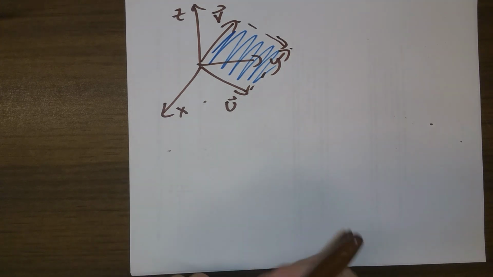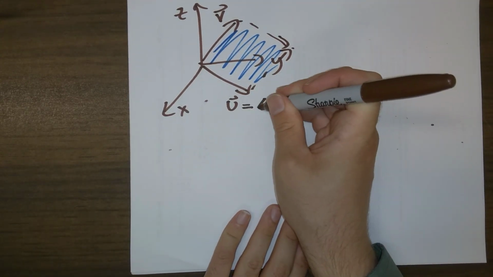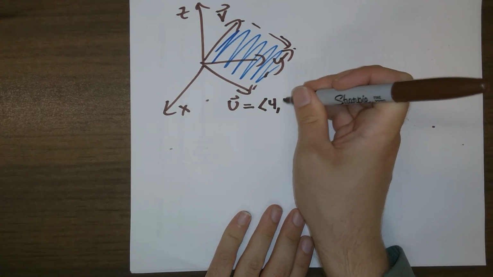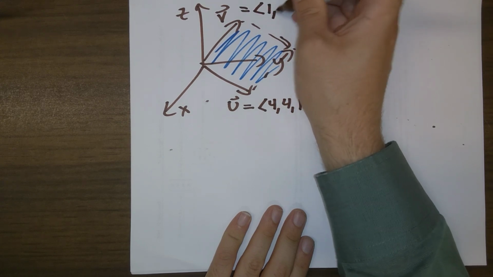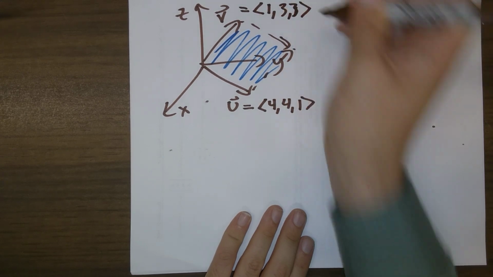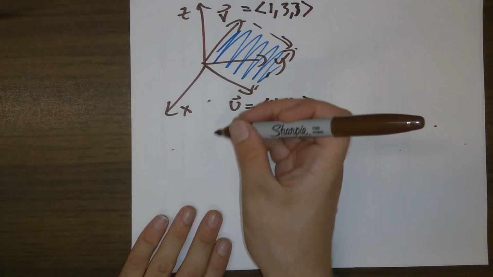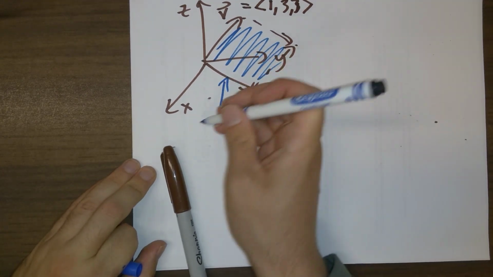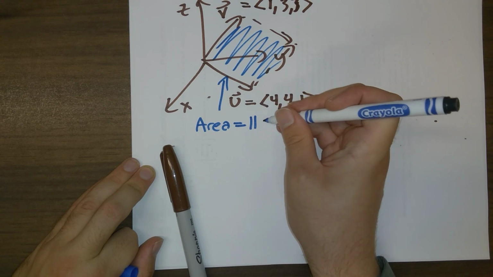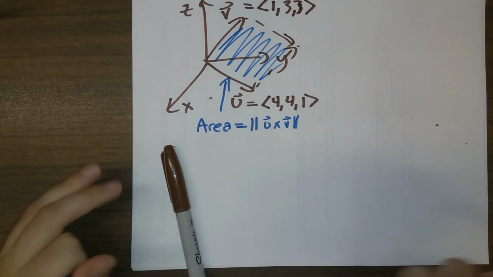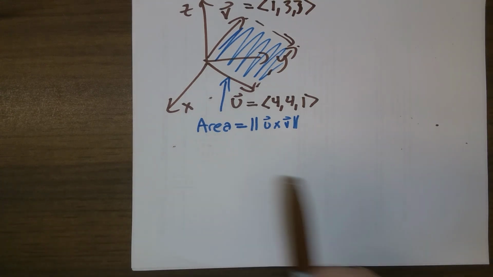The same thing happens. Let's say u, I'm just going to make something up, is 4, 4, 1, and v is 1, 3, 3. Then the area of this parallelogram that's flowing around three-dimensional space is just the same thing, equal to the magnitude of u cross v. I'll skip computing that in the interest of time. You can do that by yourself.